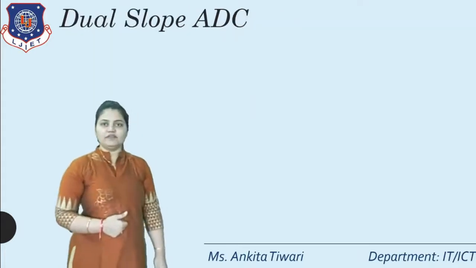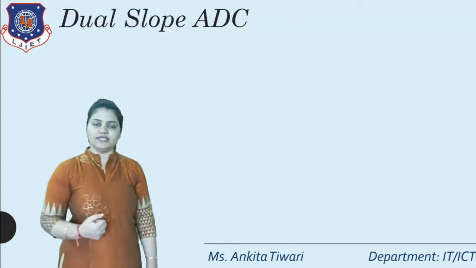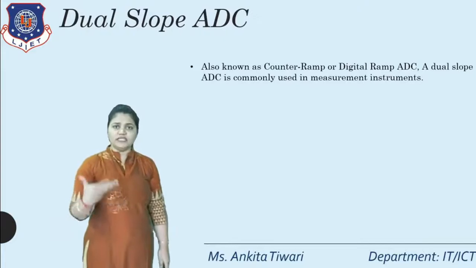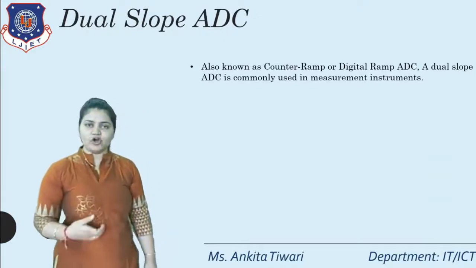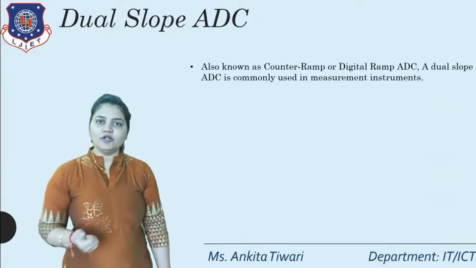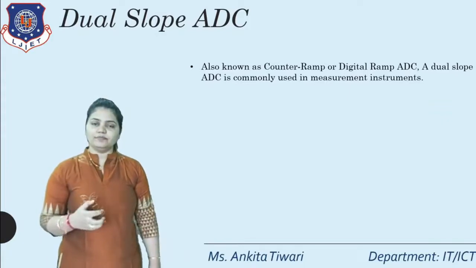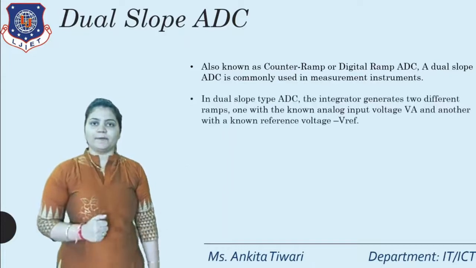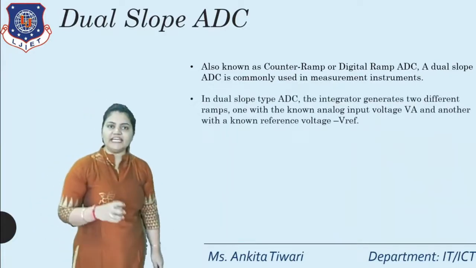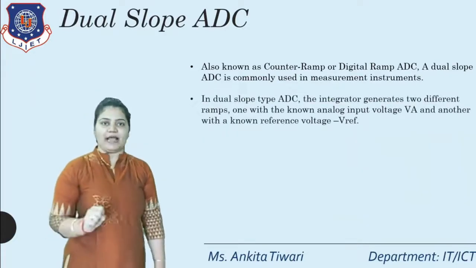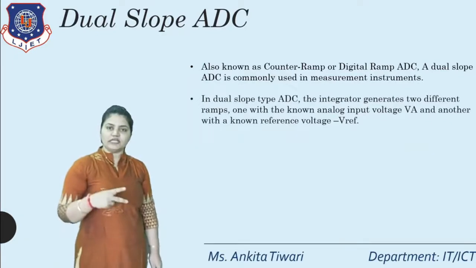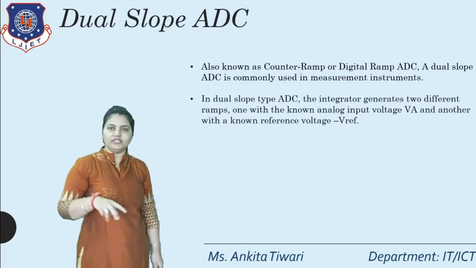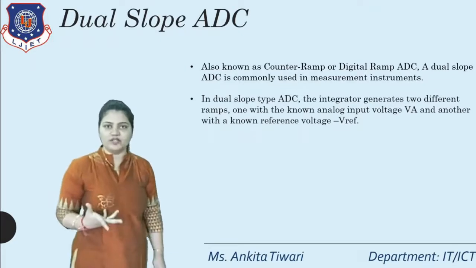Okay, starting with the first, that is dual slope ADC. It is also known as counter ramp or digital ramp ADC. A dual slope ADC is commonly used in measurement instruments. Now in dual slope, the integrator generates two different ramps. Because two ramps are generated, the name has been given, that is dual slope.